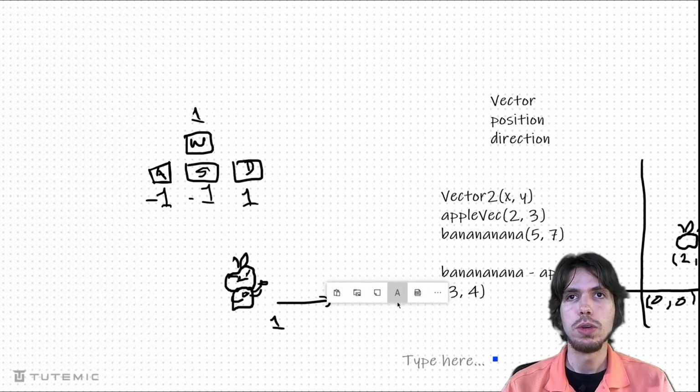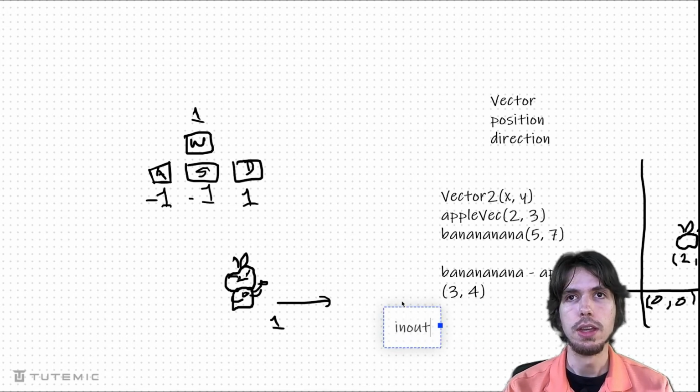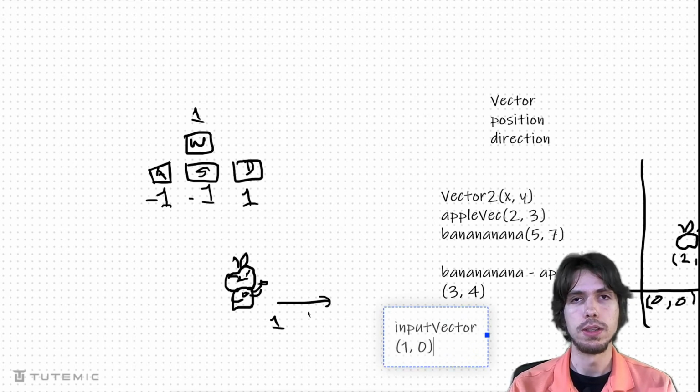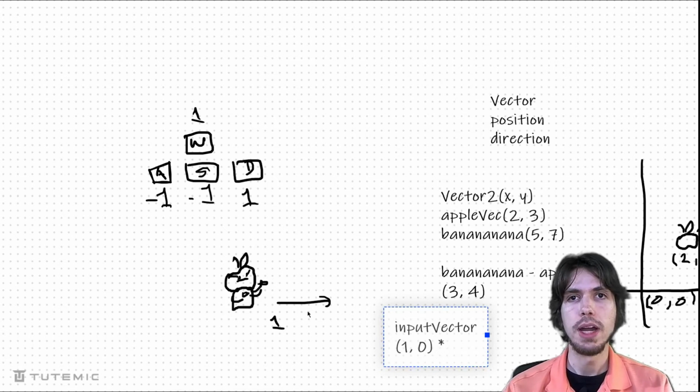So what we would do is we would get the input vector, and in this case, 1 directly horizontally. The input vector would be 1, 0, because it's 1 horizontally and so on. And then you would multiply it by just a number. You wouldn't multiply it by another vector necessarily. What you'd be doing is just multiplying it by a specific number.